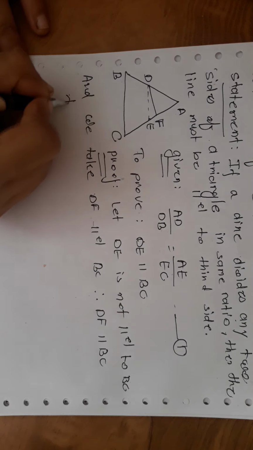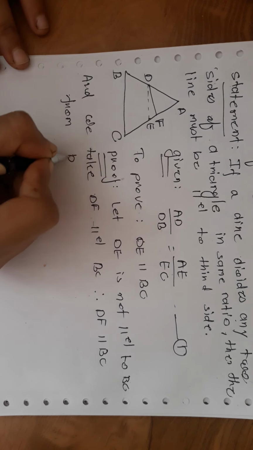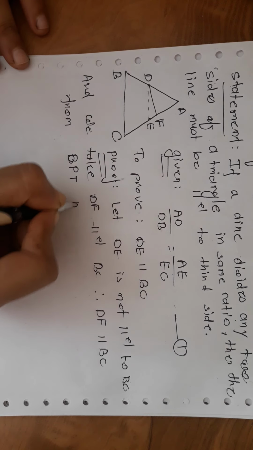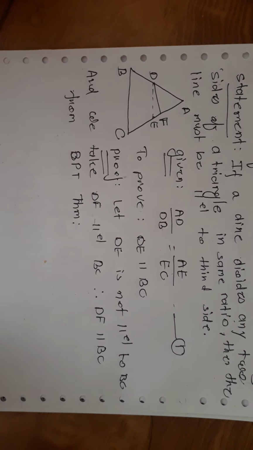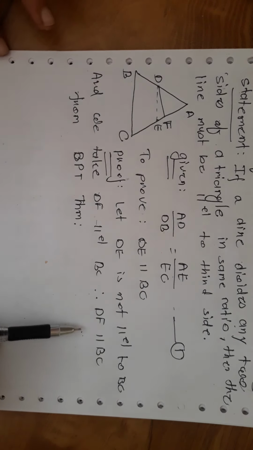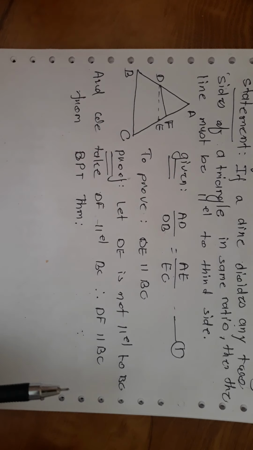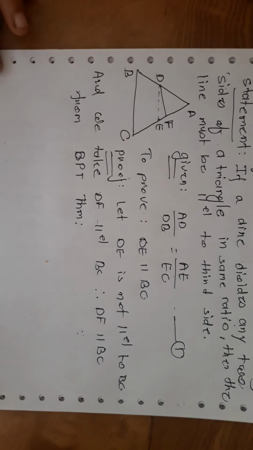So from the BPT theorem, if two lines are parallel, then the line divides the other two sides in the same ratio.